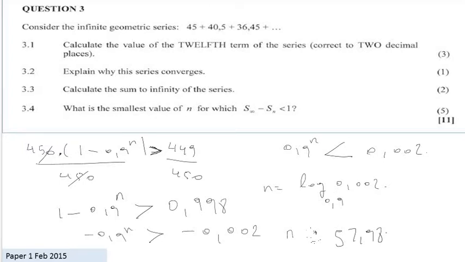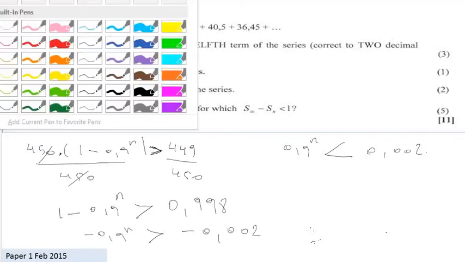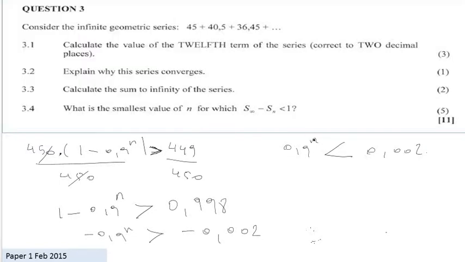From this inequality, to get the value of n, we need to involve the logarithm on both sides, using the base 0.9, in order to bring the exponents down, so we need to use the same base.